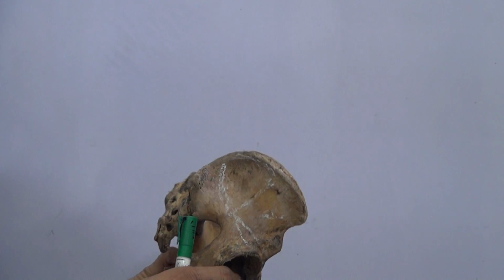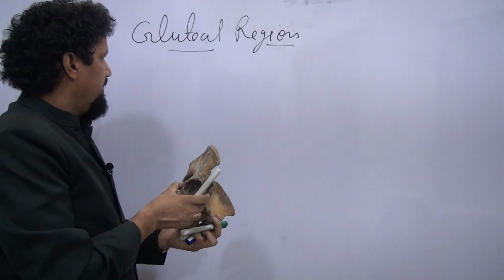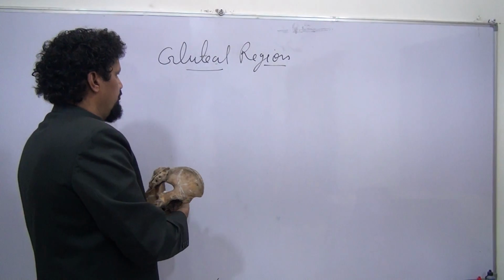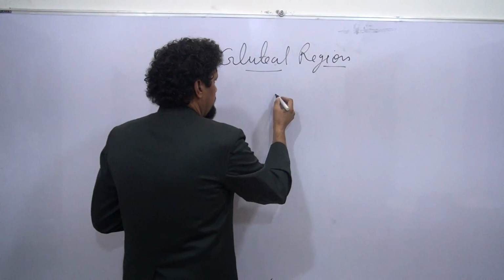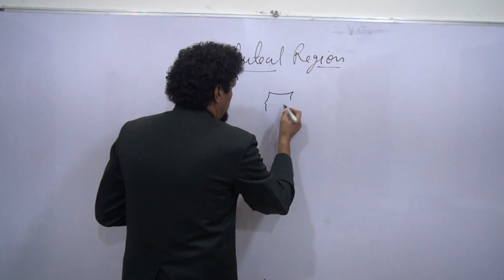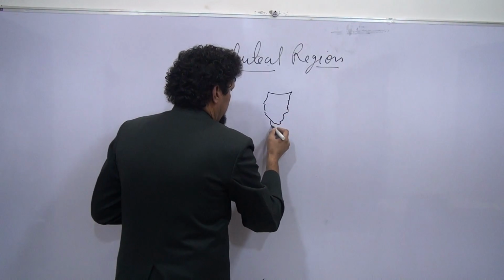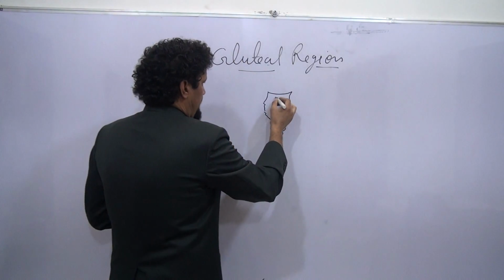So the boundaries of the gluteal region are formed by the iliac crest, the whole length of the iliac crest, this is the coccyx and this is the sacrum.